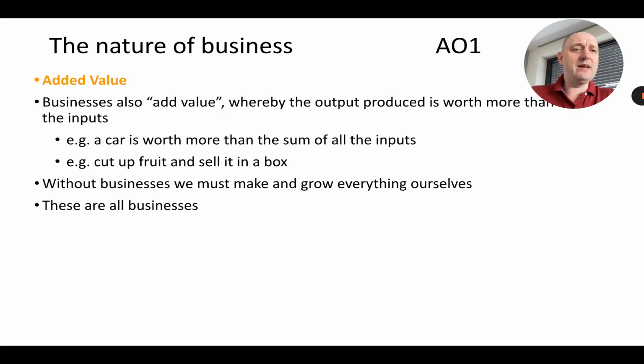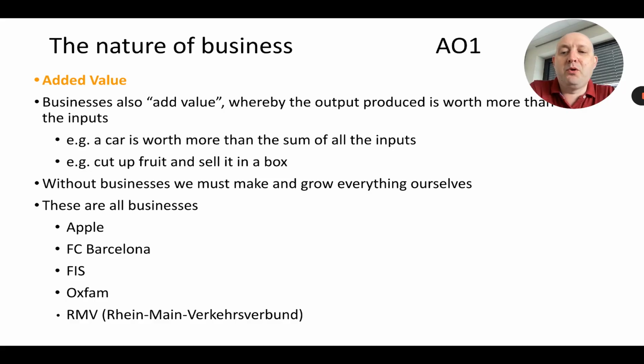And along the way, they hopefully make a profit, but not all businesses need to make profit, but we'll get there. So these are all businesses. Apple, with iPhones, obviously is a business, but Barcelona, a football team, is also a business. The service they produce is football, and people go and watch the football games. They have players, they have capital. FIS is a business. We produce education here.